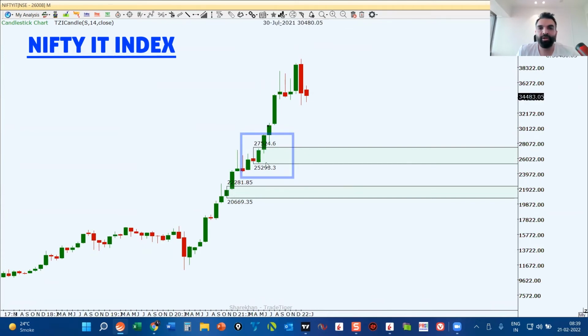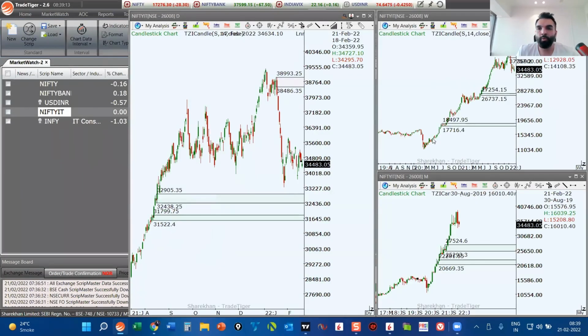So 27,524 to 25,293 is the level of demand to watch out for on the IT sector.